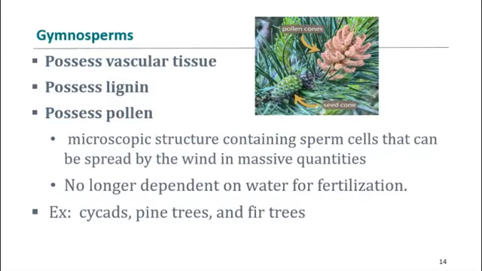When you think of pine trees, fir trees, spruces, and larches, these are all gymnosperms, or sometimes they're called evergreens. They have vascular tissue, just like we saw with the ferns. They also have lignin, just like we saw with the ferns. But what they've done instead is they've gotten rid of that requirement for water for reproduction.